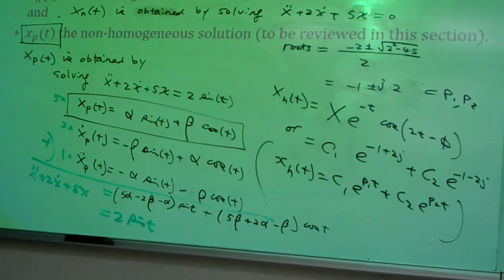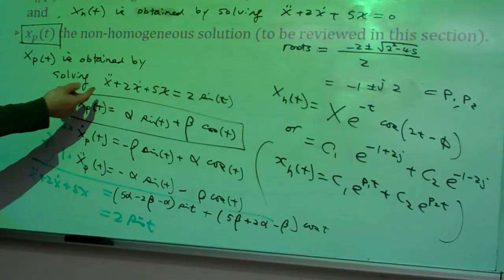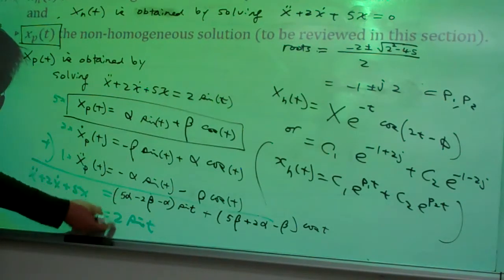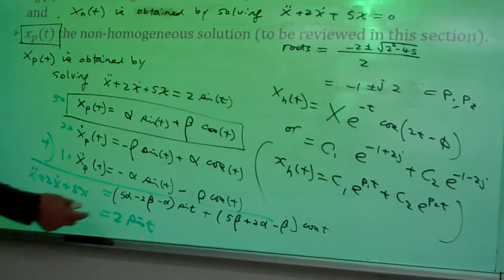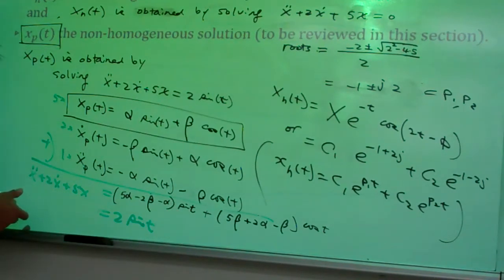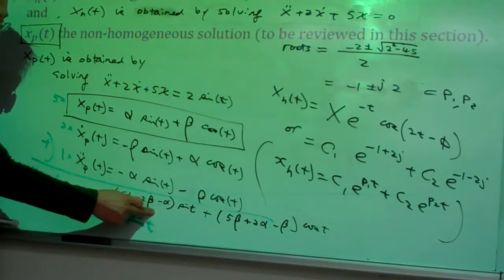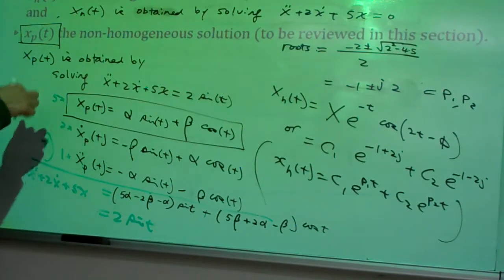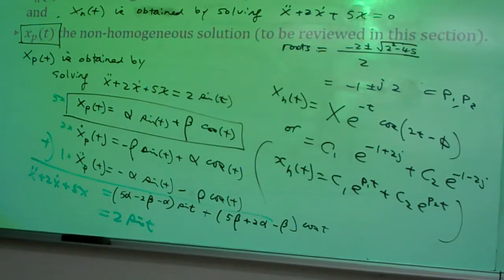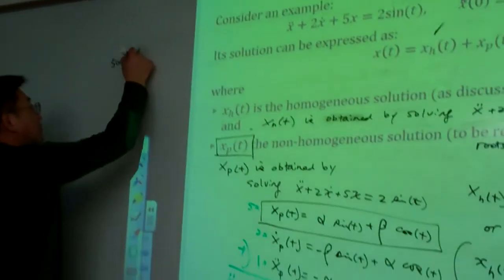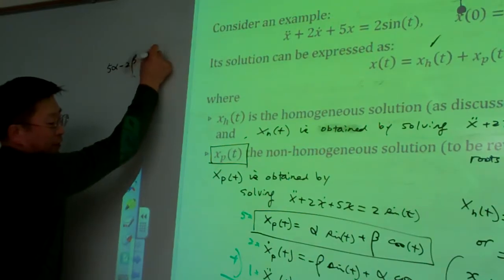Okay. So under this case, with that original, we have this one. Simply from here, we compare term by term. For sine t, compared to the coefficient of the sine term, this term must be equal to 2. So let me write it down here. That means 5 alpha minus 2 beta minus alpha equal to 2.